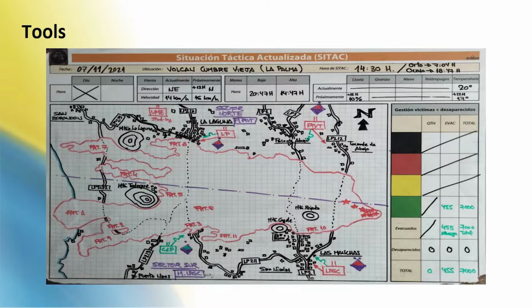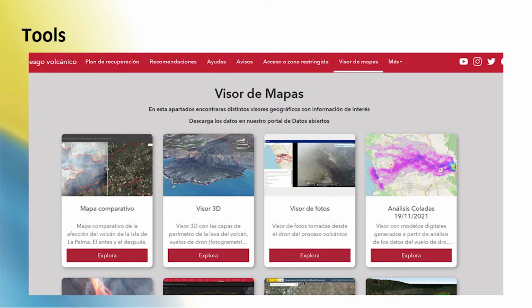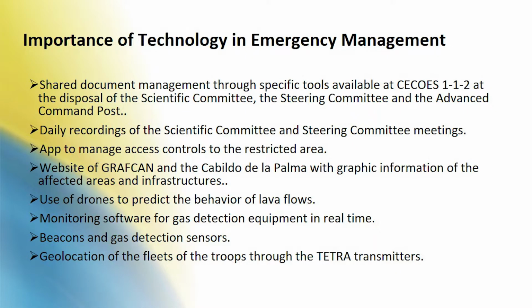So they began to use the same language, and it was the first time, and it's very important to say. The Cabildo also developed a map viewer for the population, with the evolution of lava flows and photos. And we realized the importance of technology in this emergency.